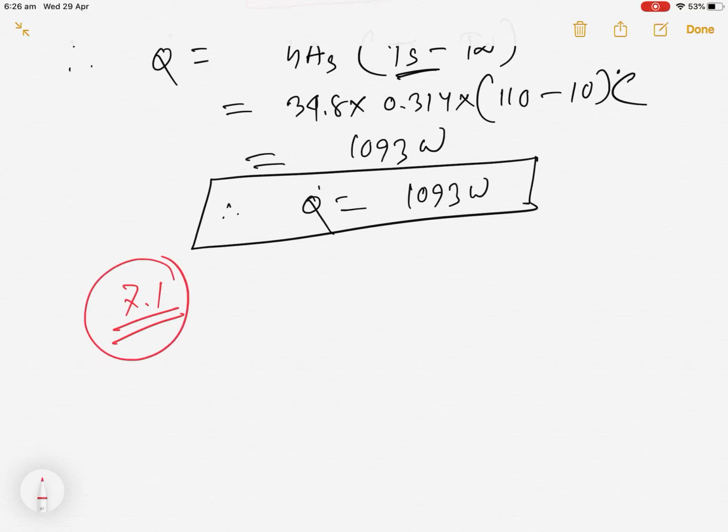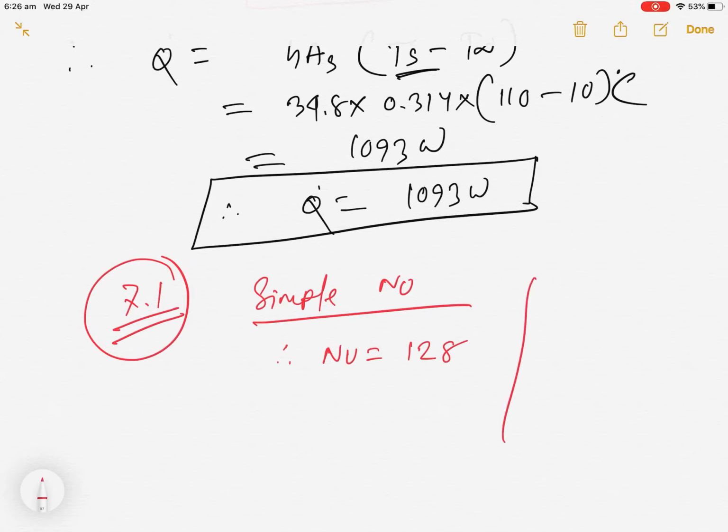From table 7.1, we used the simple Nusselt number correlation, and we got the Nusselt number is 128, and from the complex correlation we got the Nusselt number is 124. So this is not a lot of difference, but it is actually 3% higher than the value which we obtained from the complex correlation.